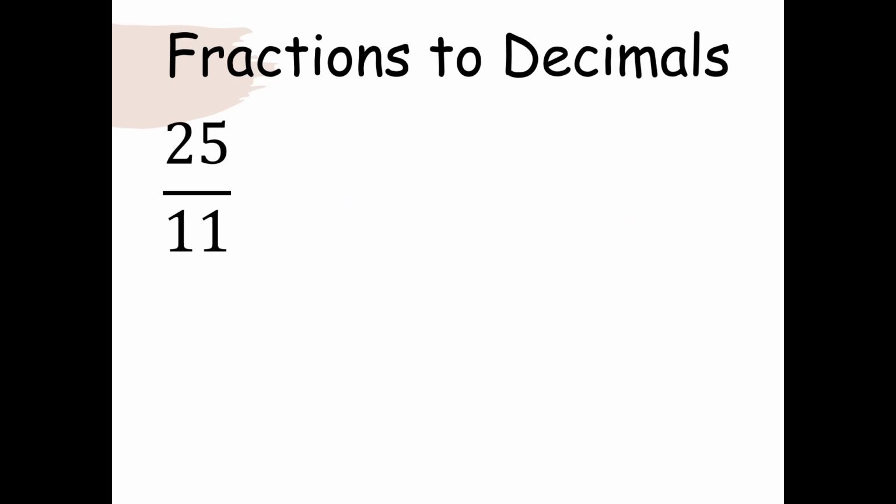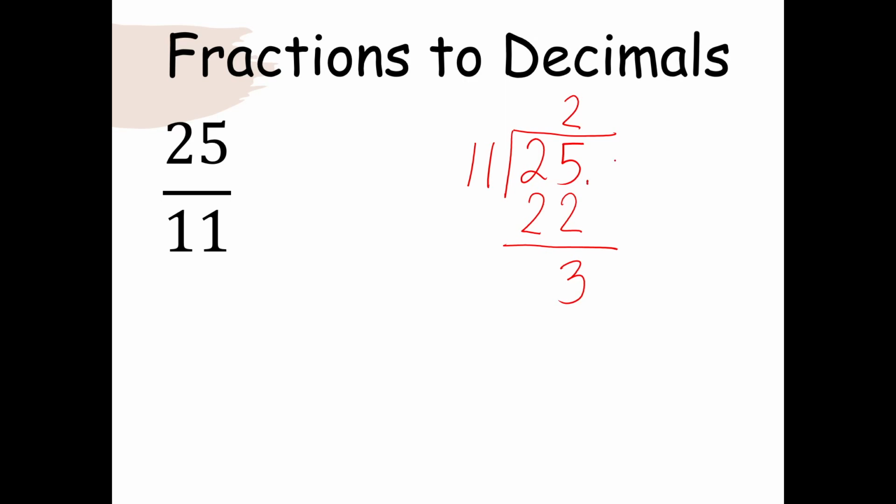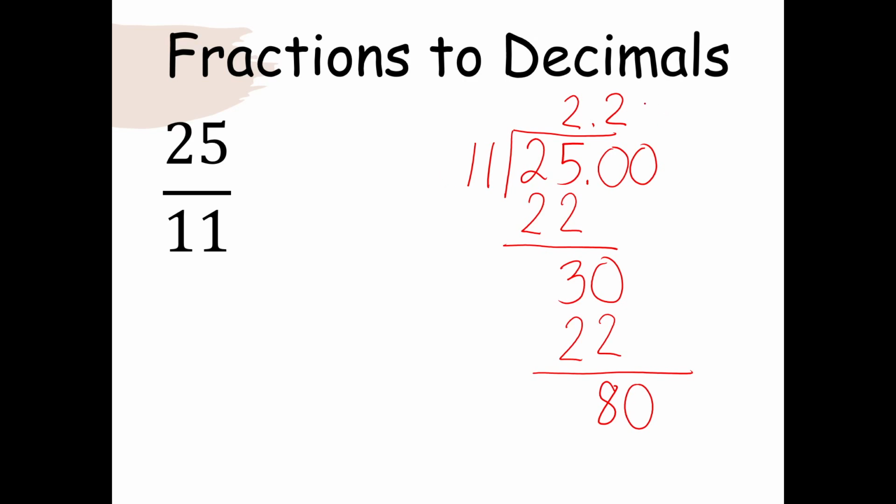Fraction to decimal. How do I divide 25 by 11? 2, then 22, 3. Add a 0. 30 divided by 11 is 2. This is 22, leaving 8. Then add another 0. 80 divided by 11 is 7, 77, leaving 3. I won't put 3 again.